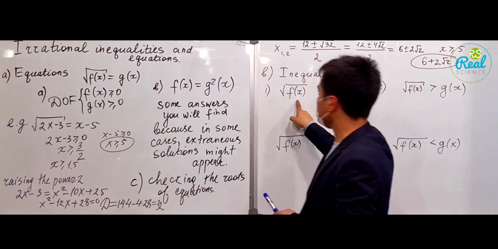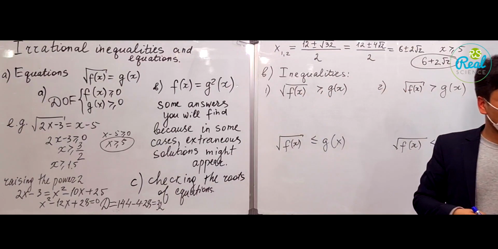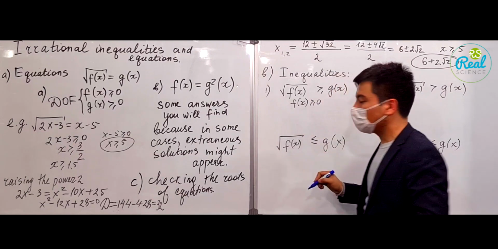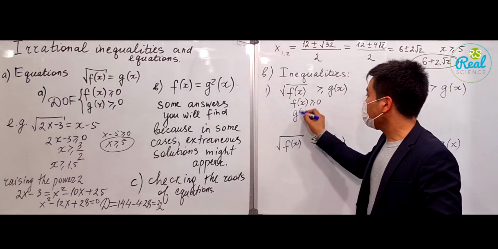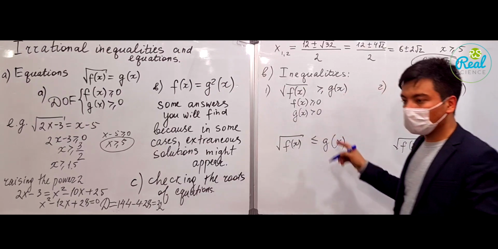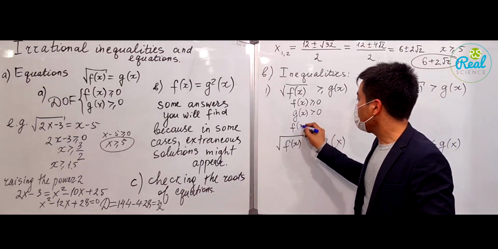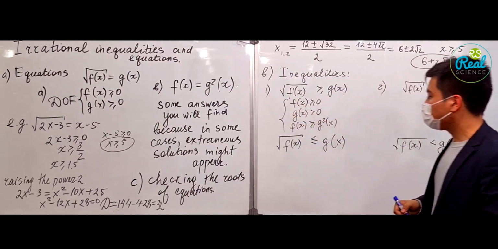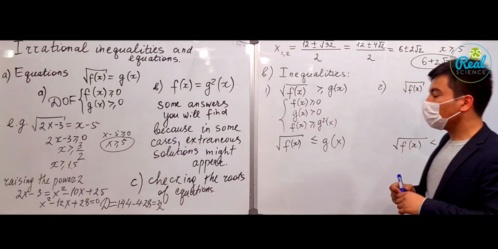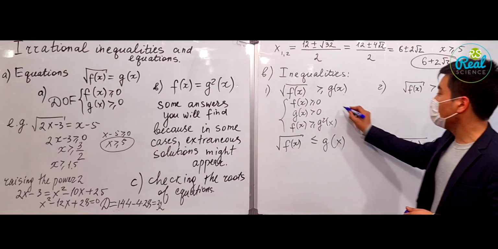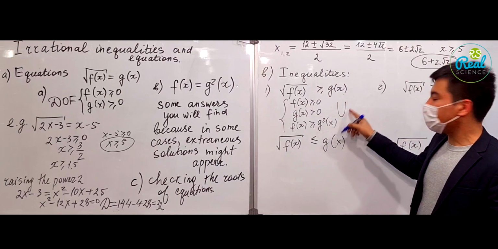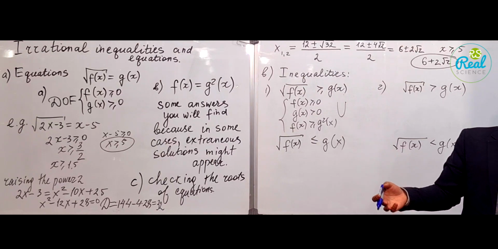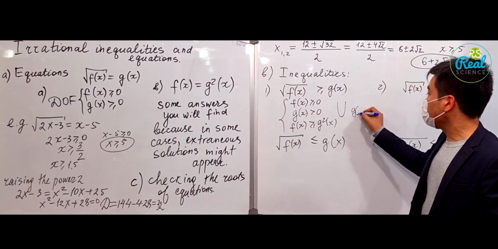Students, in the first case, like the equation, we must get the domain of the function. And g(x) must be greater than 0. And then raising to the second power. Or, students, another case is also possible: g(x) here is positive, but what if g(x) is negative?